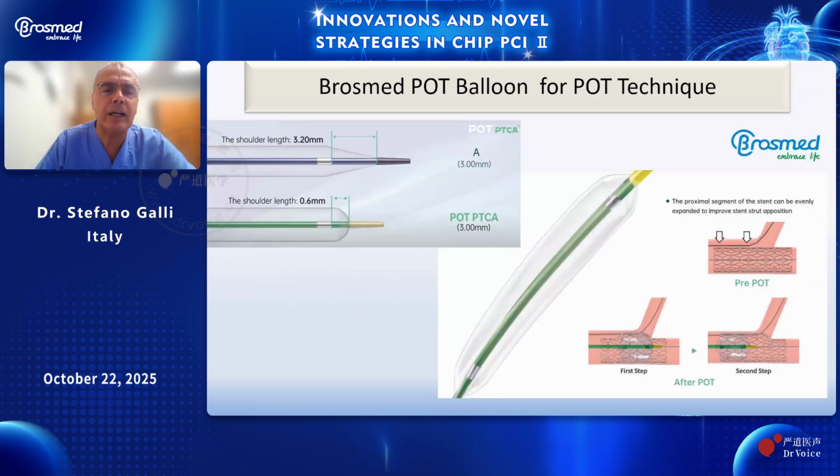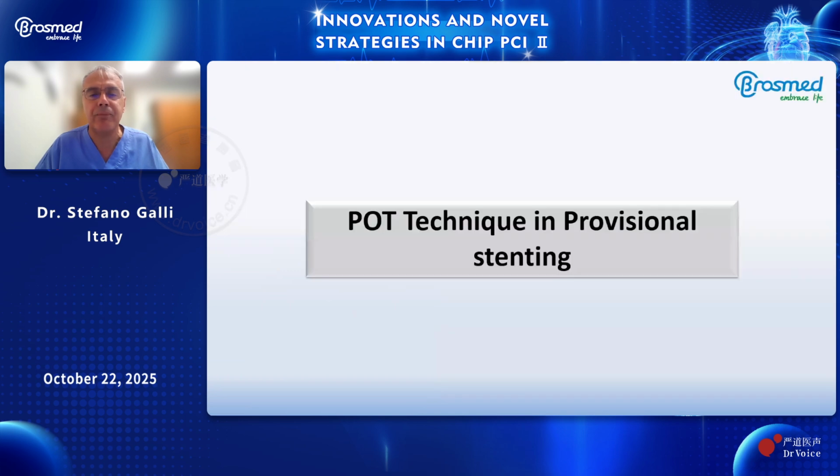First of all, we have some limitation of the NC balloon. The POT balloon gives us the possibility to have a very, very short shoulder to apply the force exactly in the point that we need to optimize the result.